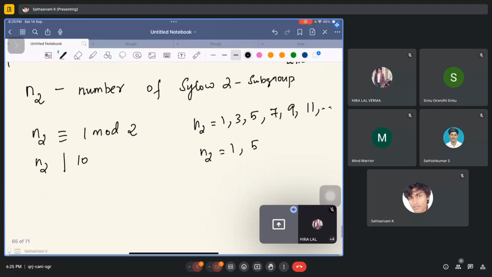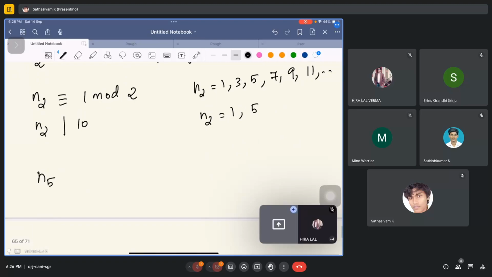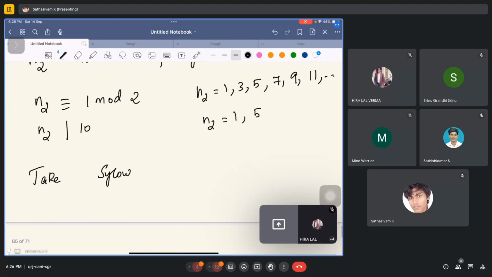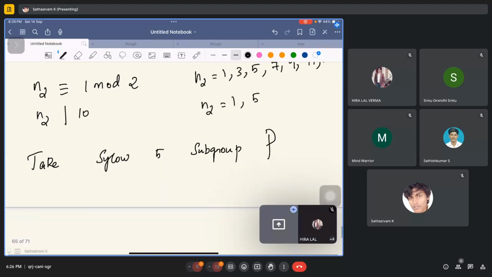So what about n5? Here also you can use the third Sylow theorem, or we can use another observation. Let's take a Sylow 5-subgroup and call it P. If you look at the index of P in G, it will be 2, right?